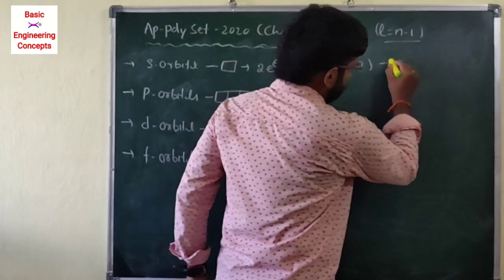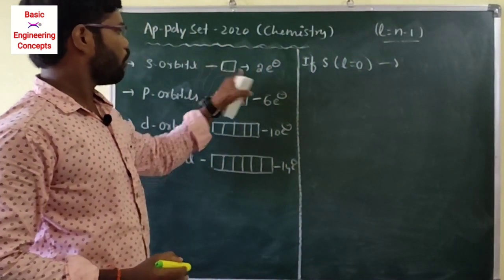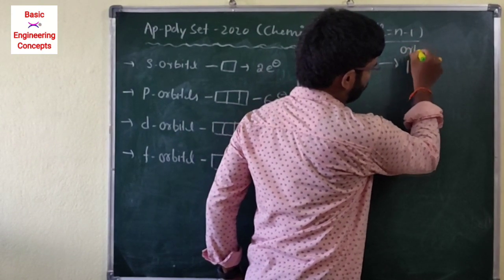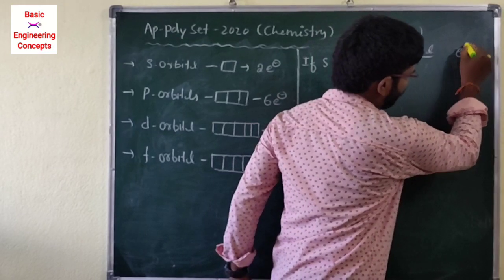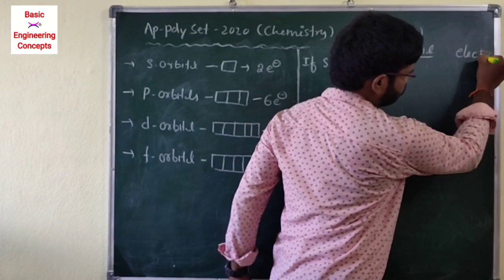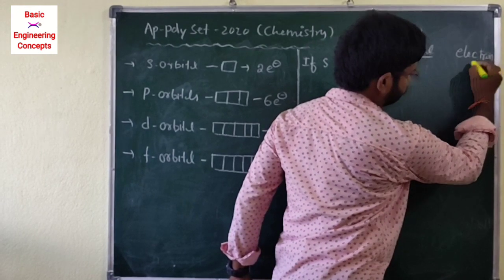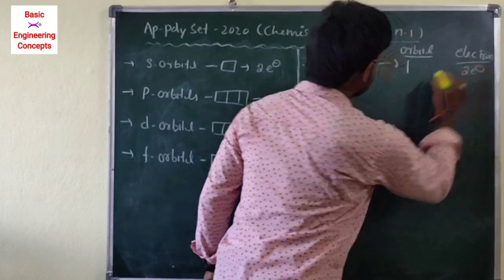Number of orbitals: for s, only one orbital, so totally two electrons.